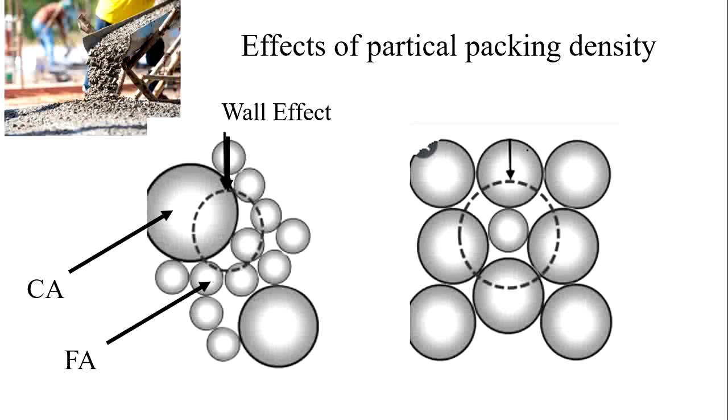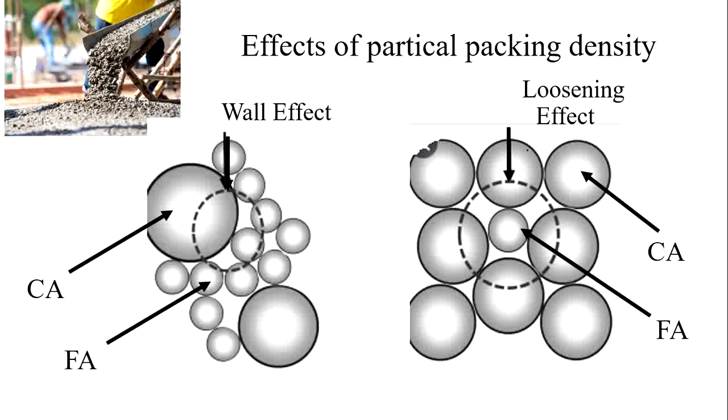Here the fine aggregate makes the coarse aggregate move in any direction. So in this particular effect the fine aggregate disturbs the coarse aggregate. This effect is known as the loosening effect. I think you'll be very clear with these two effects.